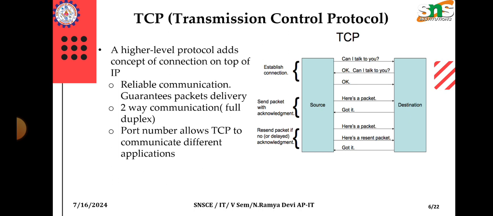It is reliable communication which guarantees packet delivery, and it is two-way, full duplex communication. It also has a port number instead of an IP address. IP uses an IP address and TCP uses a port number to communicate between different applications. The difference between IP and TCP is that IP is like sending a post, and TCP is like talking over a phone.